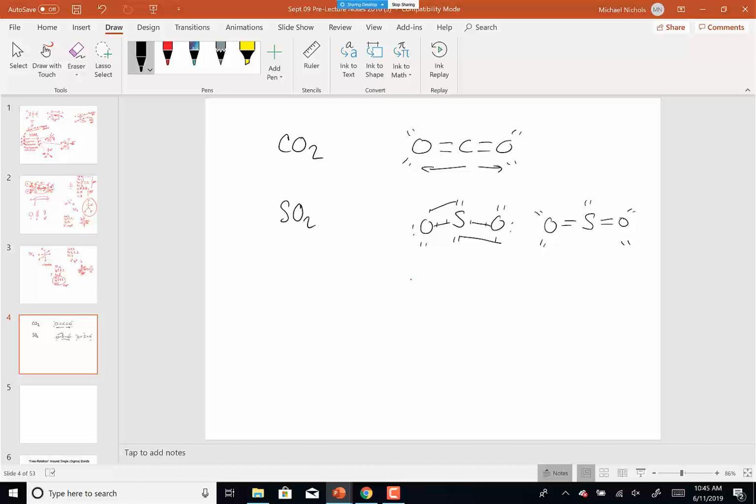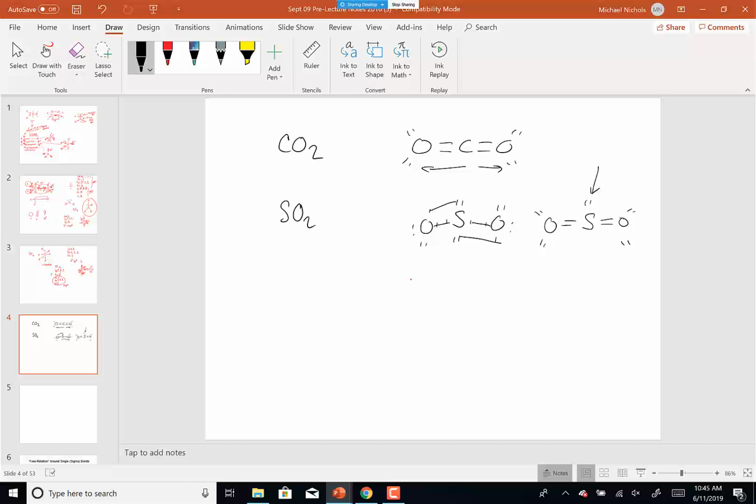So what is the geometry then around that sulfur? Okay, bent. I mean, bent is a molecular geometry, but the electron geometry would be trigonal planar, right? Because I've got 2 bonds and a lone pair, that's 3.